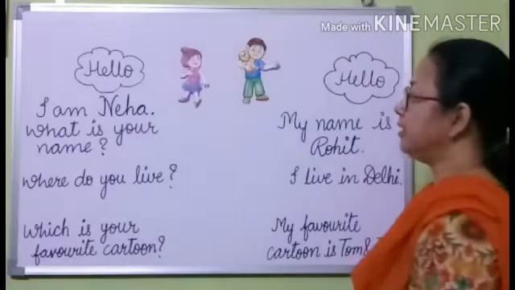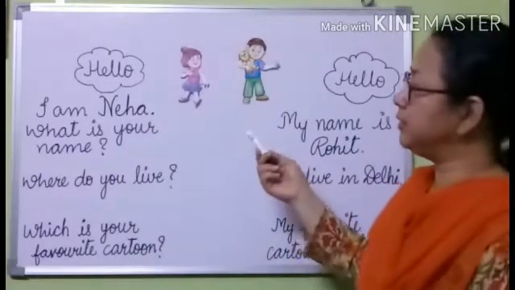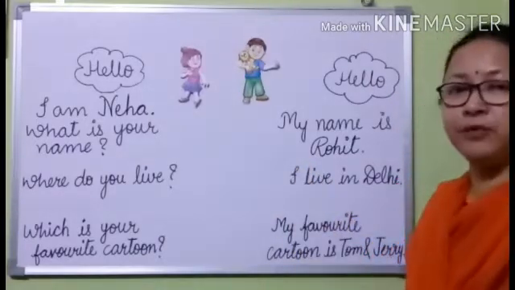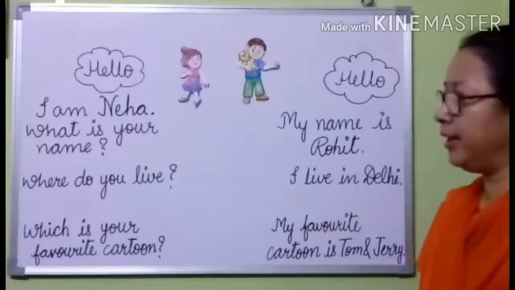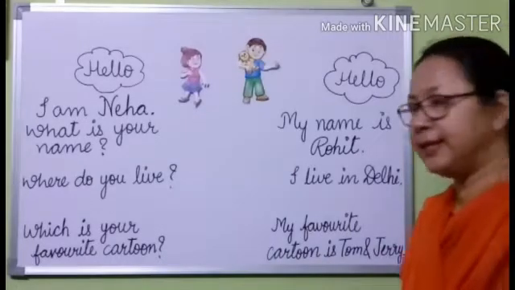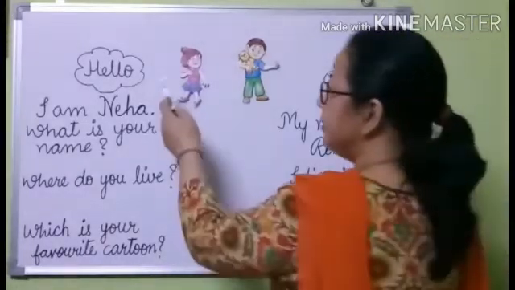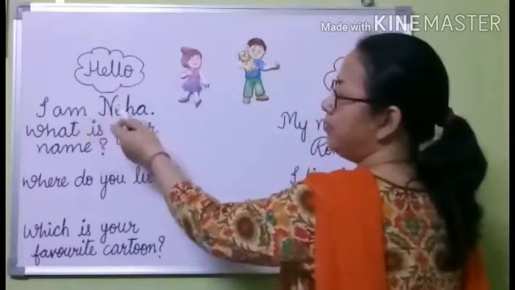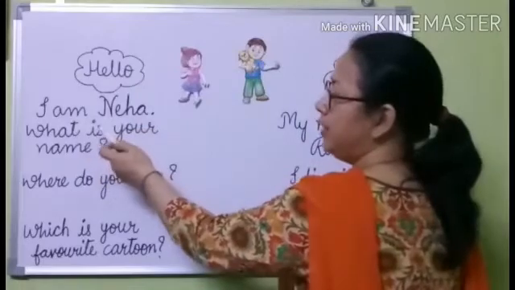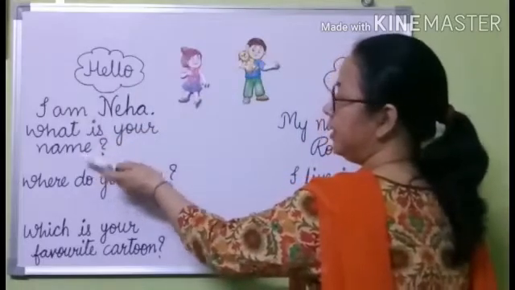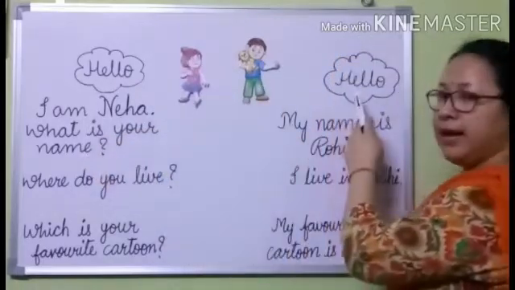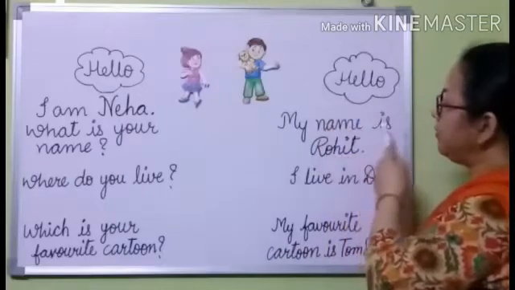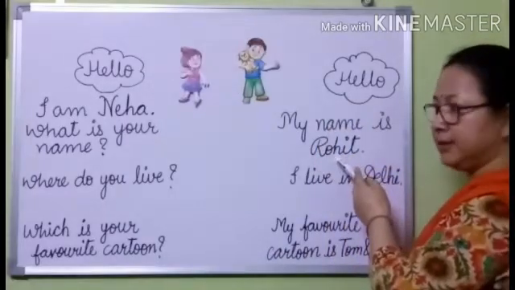Children, here see on the board, here is a conversation between a girl and a boy. Let's read them. The girl said, "Hello, I am Neha. What is your name?" The boy answering, "Hello, my name is Rohit."